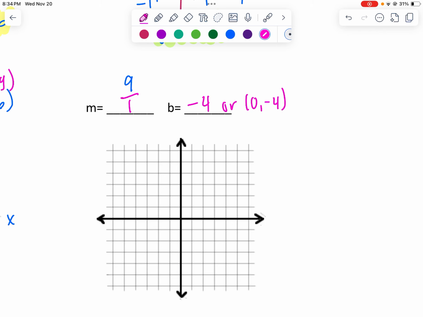So here is my first point, 0, comma -4. And then I'm going to go up 9 to the right 1. So I'm going to go up 9, 1, 2, 3, 4, 5, 6, 7, 8, 9. And I'm going to go right 1. So there's my second point. And then I can go ahead and create my line.